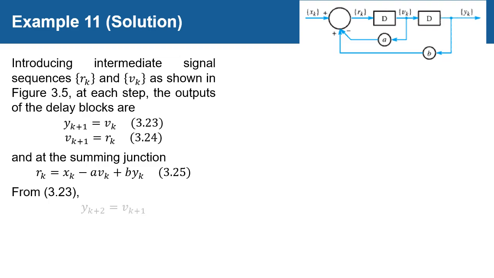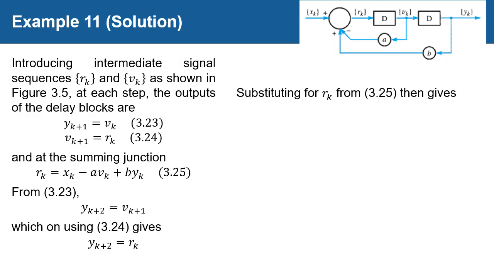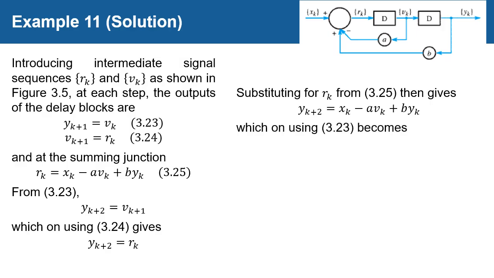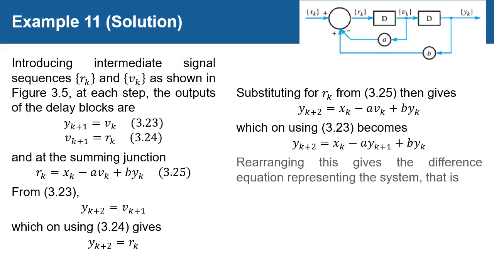From equation 3.23, we have yk plus 2 is equal to Vk plus 1, which on using 3.24 gives us yk plus 2 is equal to Rk. Substituting for Rk from 3.25, we now have yk plus 2 is equal to xk minus Avk plus Byk, which on using 3.23 becomes yk plus 2 is equal to xk minus Ayk plus 1 plus Byk.